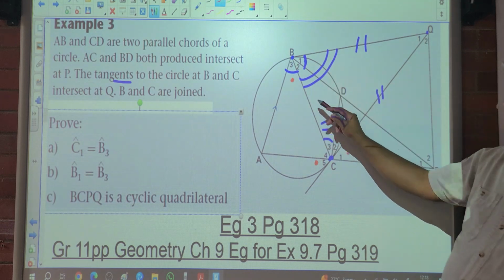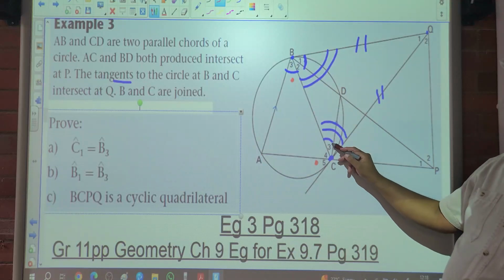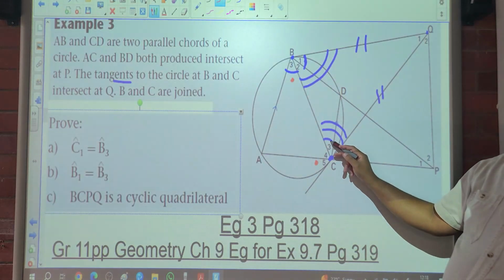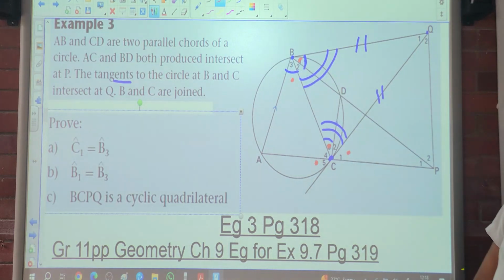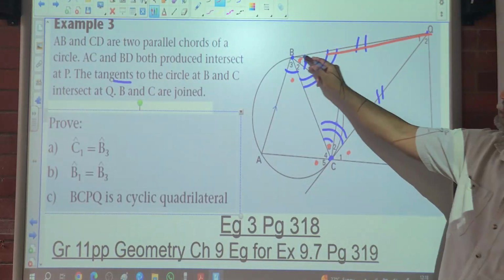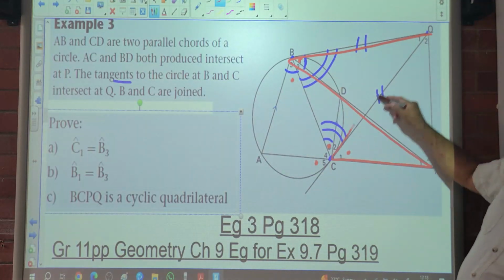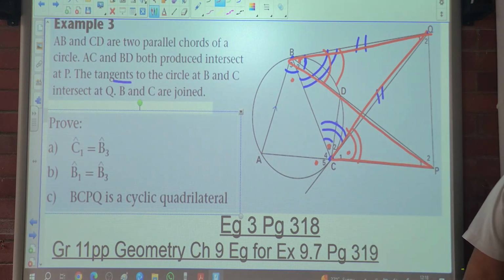And C3 is the same as B3. Why? We mentioned this also. Can you see that's the same marking? Alternate angles. So there's that as well. So what do we notice now? Cyclic quad. The bow tie. Why? Because those angles are equal. Can you see? It's so easy.